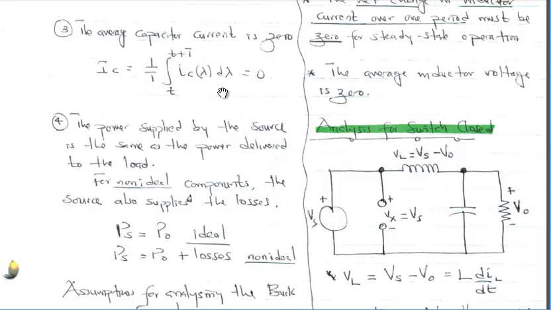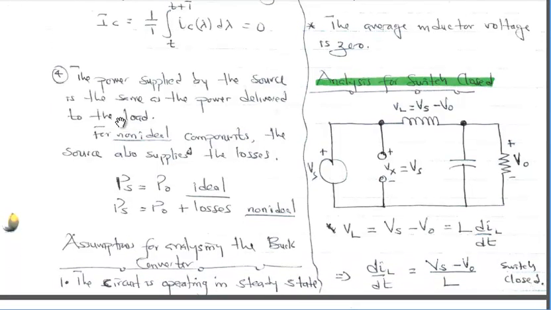The fourth one, the power supplied by the source is the same as the power delivered to the load. So I'm making the assumption that all the switches are ideal, which means the MOSFET or the transistor and then the diode.